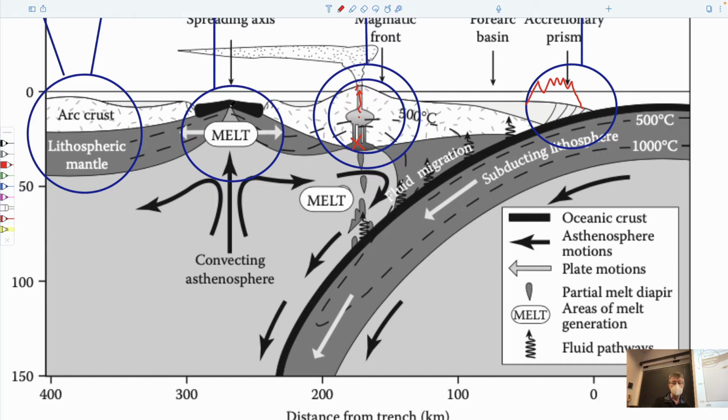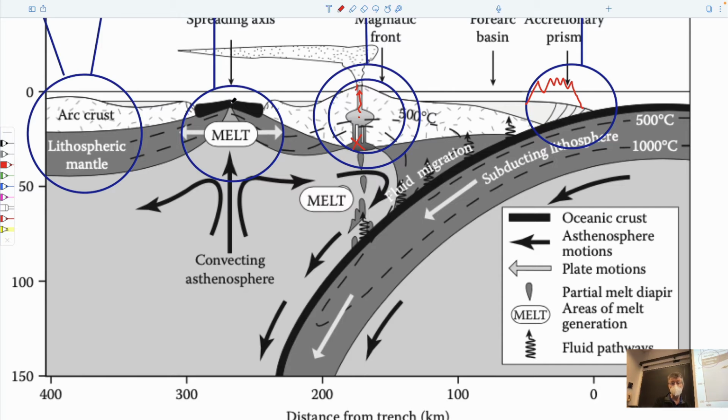There are constructive plate boundaries where the mid-ocean ridges, such as the Atlantic mid-ocean ridge, upwelling of melt, two plates being pulled apart. The melt doesn't so much contribute to pushing them apart, but upwells in the gap that's made.